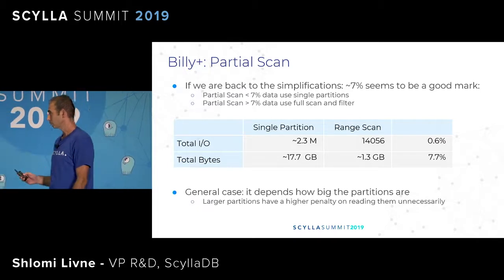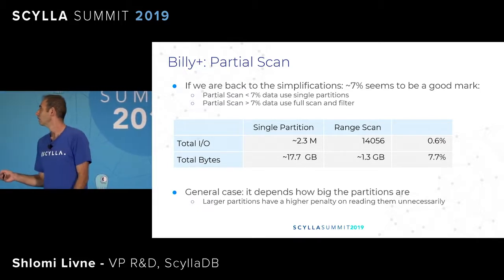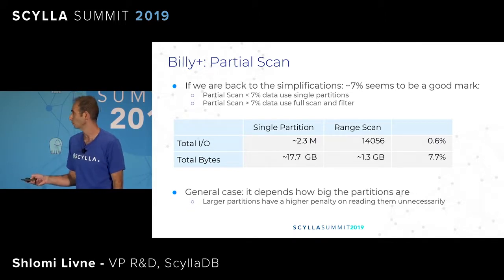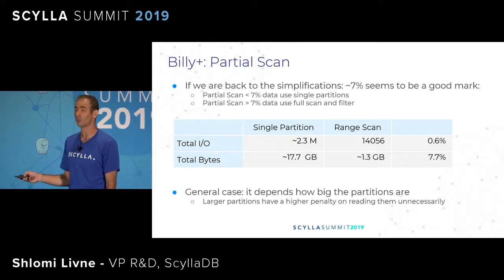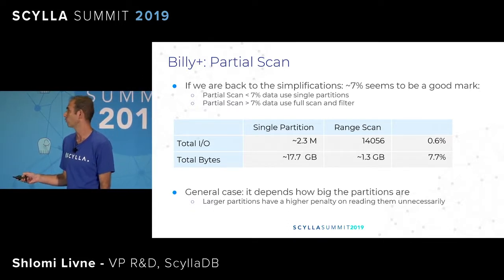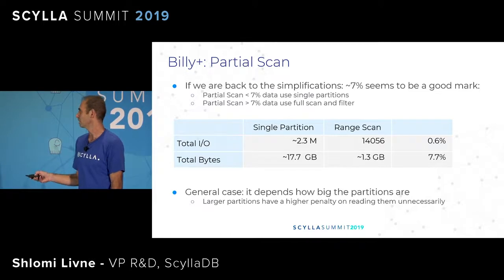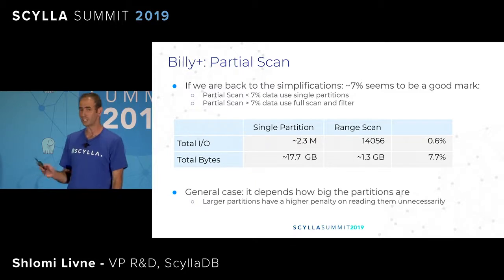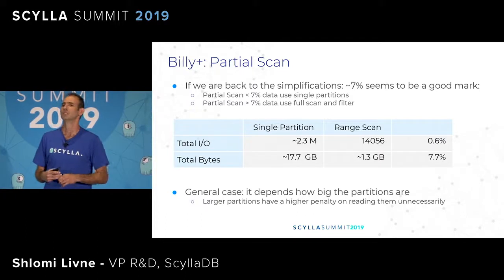So let's look at the numbers. Single partition has 2.3 million I/O operations, and the range scans total I/O operations are 14,000. That's 0.6. If we're talking about the total bytes read, it was 17.7 gigabytes versus 1.3 gigabytes. So if I'm only interested in less than 92% of the data, I should use single partitions.